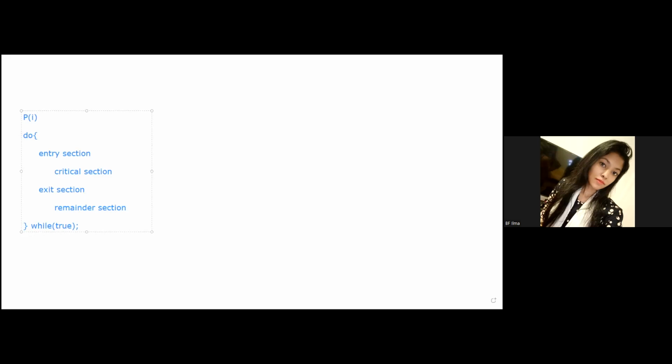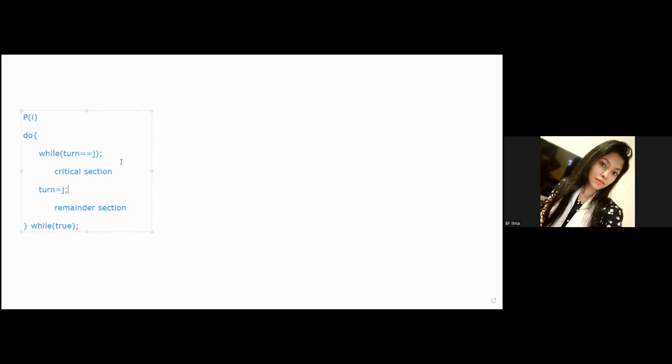Using the turn variable, we are going to do something for this entry section and exit section. For the entry section, we can modify that as while turn is equal to j. And for the exit section, we can say turn is equal to j.